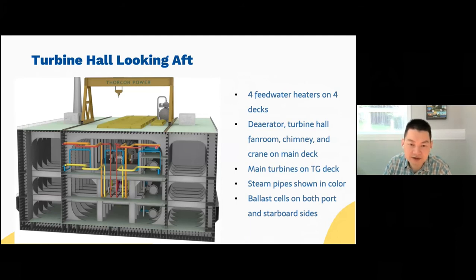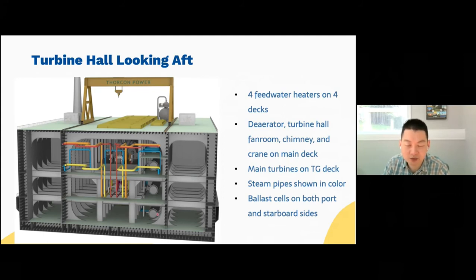You can still see the feed water heaters, and you can still see the air reader, the turbine hall fan room on the main deck, the chimney on the main deck. The main turbines, if you can see it, are on the TG deck right here. Here's the load deck right here.